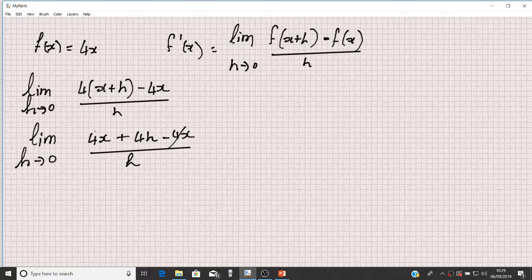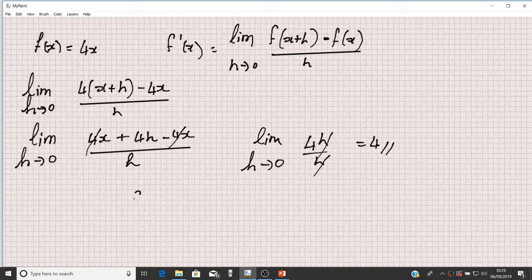And the cancellation of the 4x's leaves us with the limit as h approaches 0 of 4h over h. Now the h is cancelled down and we're left with 4. So the first derivative f dash x equals 4.